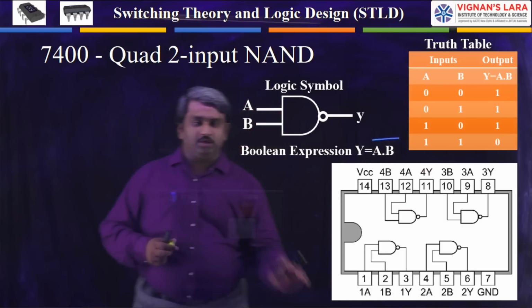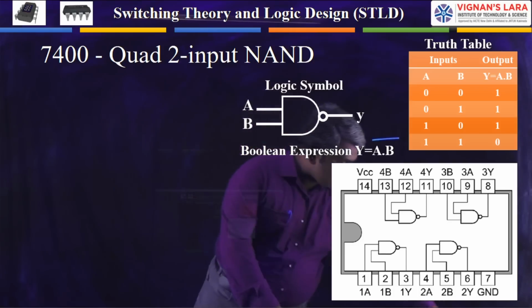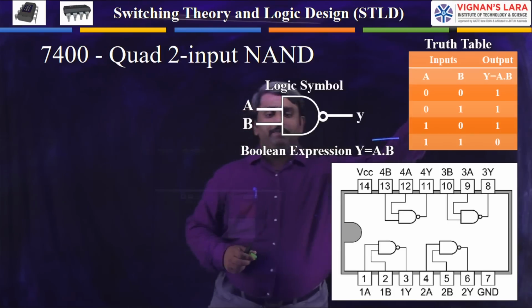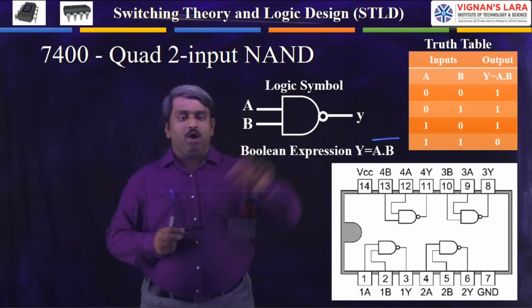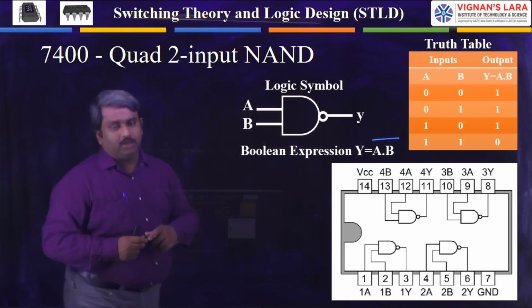In this truth table also I forgot to mention that, Y is equal to A dot B whole bar. That is very important. Okay, so that is the truth table.